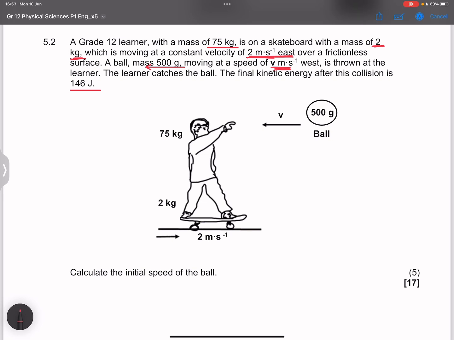So note, ladies and gents, even if we try to use the principles of momentum, there are quite a number of variables that we do not know. We don't know the velocity of the ball, but we also don't know the velocity of the entire system, that is the boy or the learner with the skateboard, as well as the ball after they collide. But they did give us the kinetic energy afterwards.